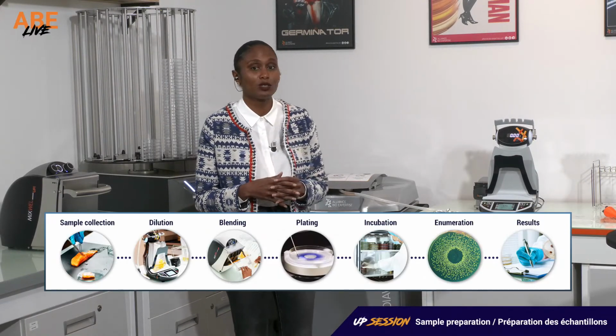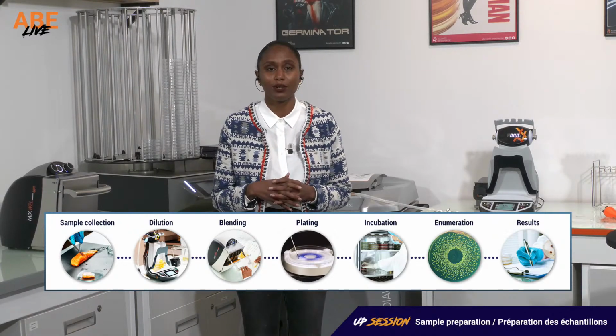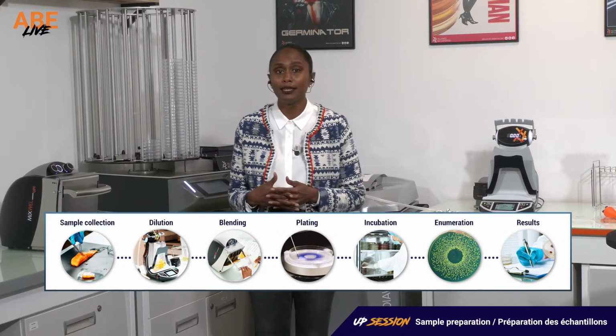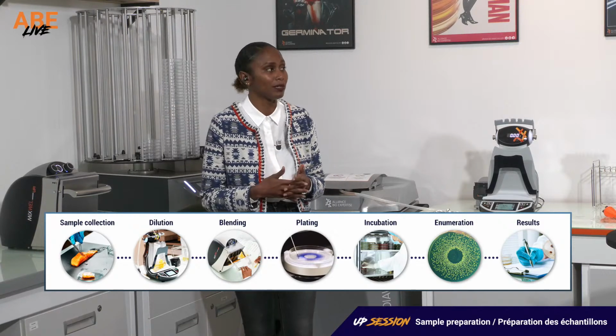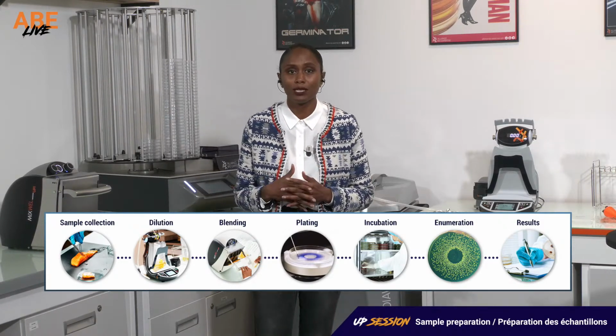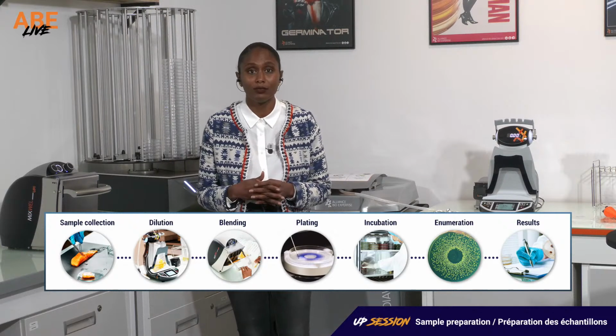So the idea is to, first of all, collect a sample of a matrix of a variety of things. Actually, it can be, for example, raw materials, milk, meat. It can be also prepared dish. So depending on your matrix, but still you need a representative sample.